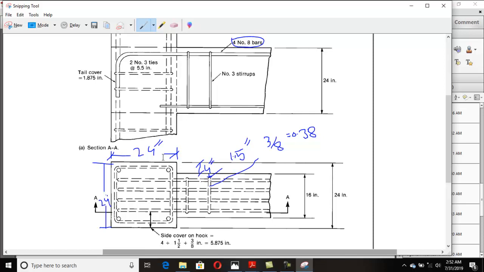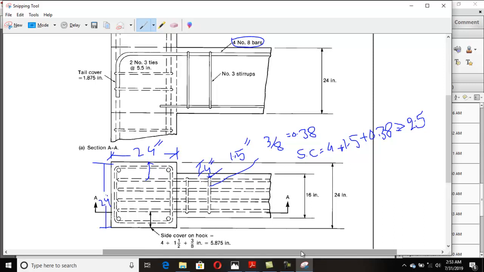The side cover will be measured from the face of this steel to the face of this column. So the side cover will be 4 plus 1.5 plus 0.38, which is about 5.9, and comes out to be more than 2.5.